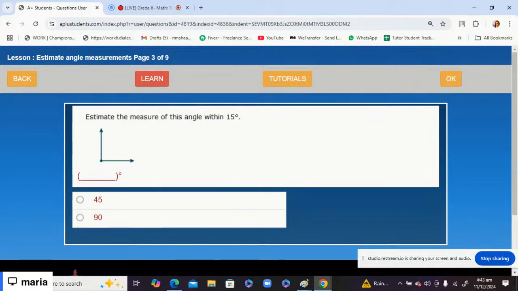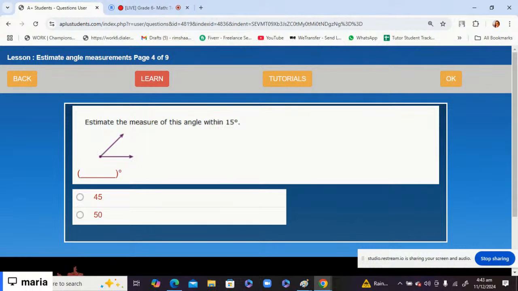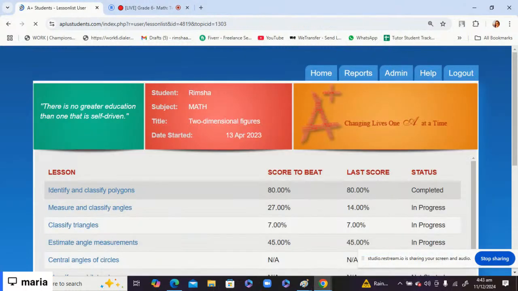Okay. This is again 90 degrees. So we are putting it here. It's 90. So you are going to check all these things. So this is the way that we discussed.